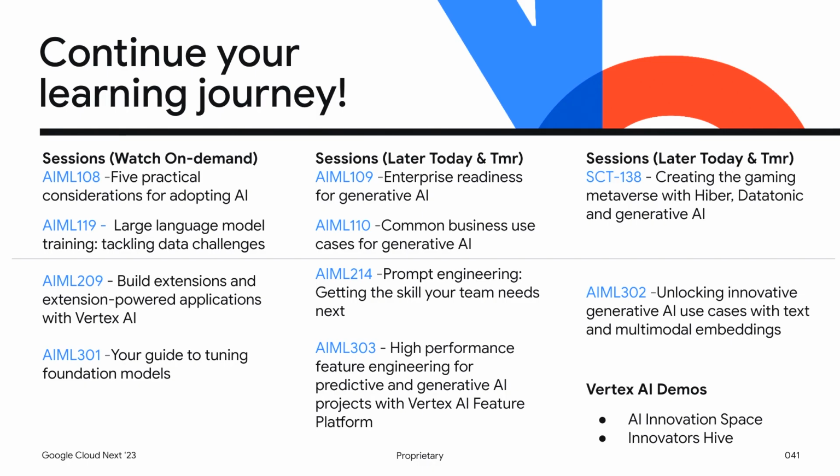On the last two columns, we've recommended a few 100-level talks along the top that double-click into enterprise readiness and common use cases, for those who want a little more of an industry use case spin on things. And then we've highlighted a few 200 and 300-level sessions that double-click into our Vertex Feature Store, into prompt engineering, and announcing our new embeddings that now support multimodal image and text embeddings.